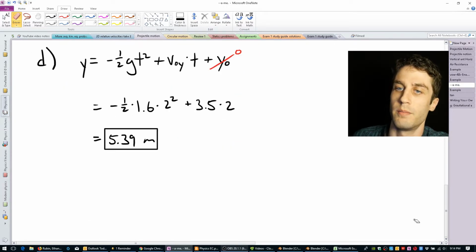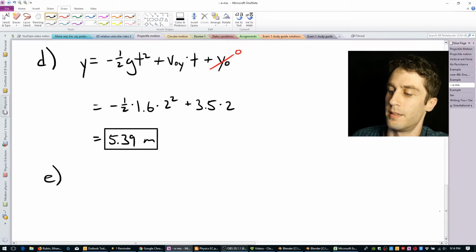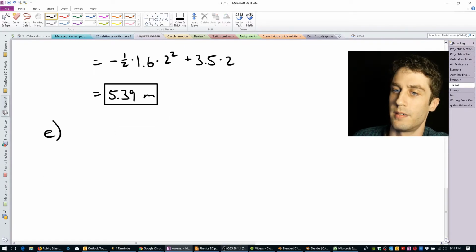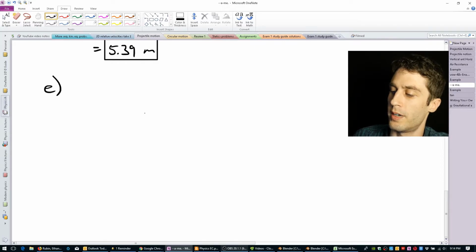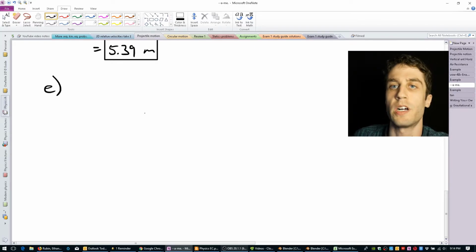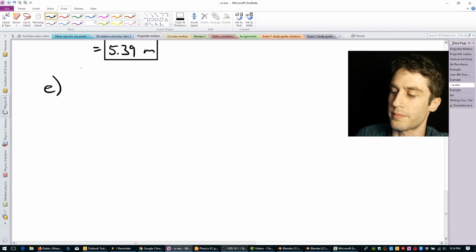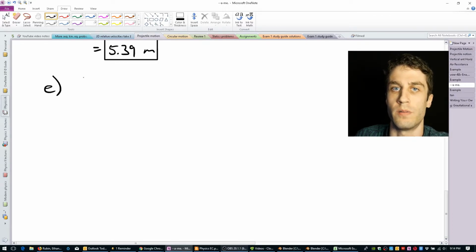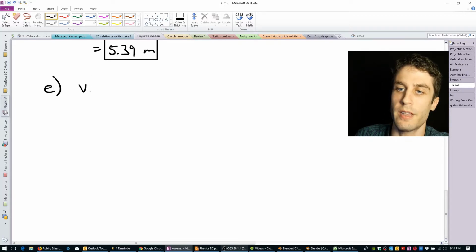Okay. Part E. Part E asks for the speed of the ball when your friend catches it. We have the initial y component of the velocity. So let's find the final y component of the velocity. We'll call that Vy.